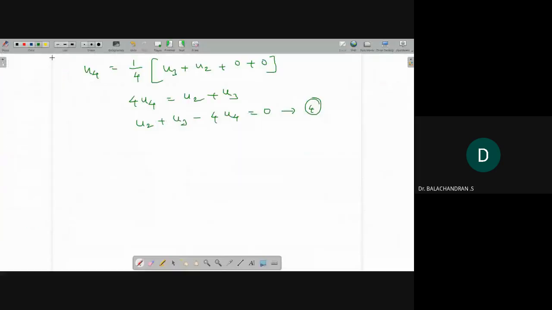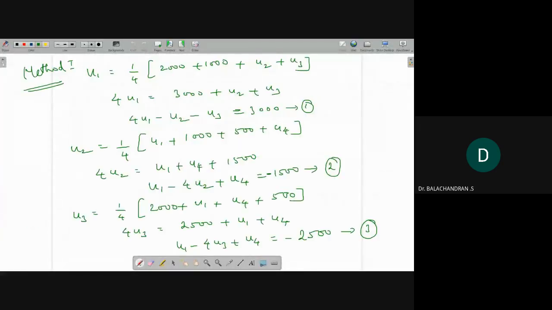I leave it to you to find the values of u1, u2, u3, u4. First, from equations 1 and 2, you can eliminate u1. Similarly, from 2 and 3, you can eliminate u1. That is up to you.